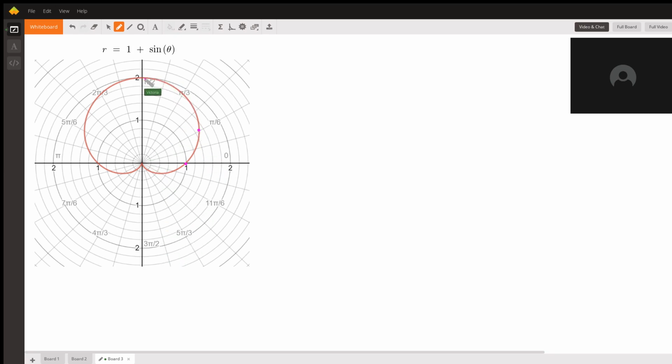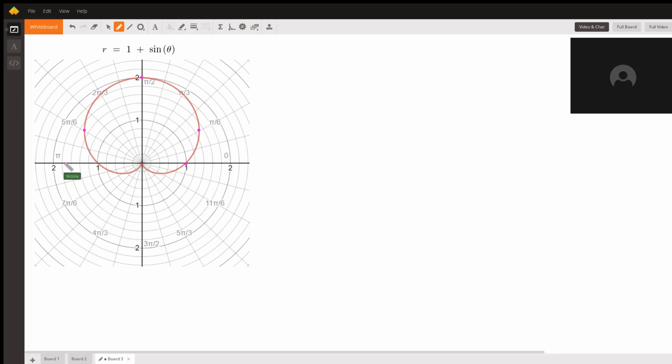Pi over 3, not so easy, but pi over 2, the sine of pi over 2 is 1. 1 plus 1 is 2. That gives us this point. Back over here to 5 pi over 6. The sine of 5 pi over 6 is a half. 1 plus a half is 1.5, which puts it right here.